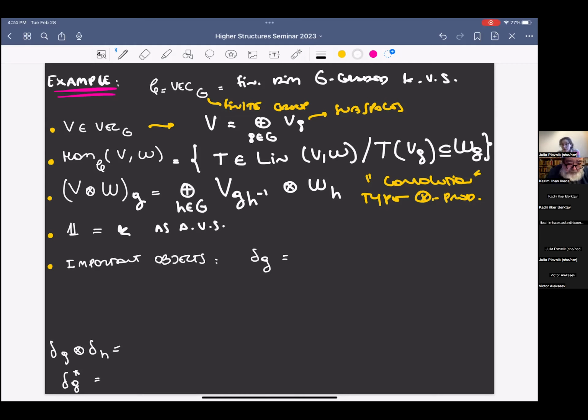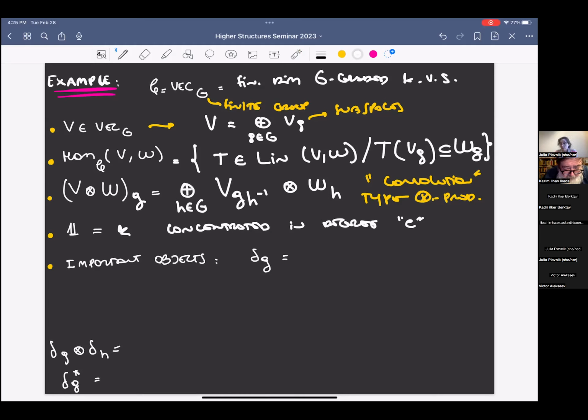This only has subspaces 0 or itself, so it's concentrated in degree E, where E is the neutral element or the identity element for my group. All the other components will be 0. So it will be K in degree E, and in all the others it is 0 because I don't have anything else to put there.